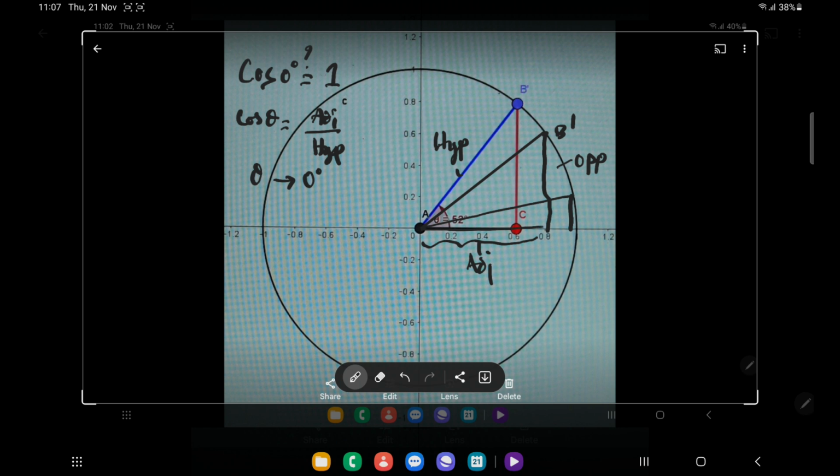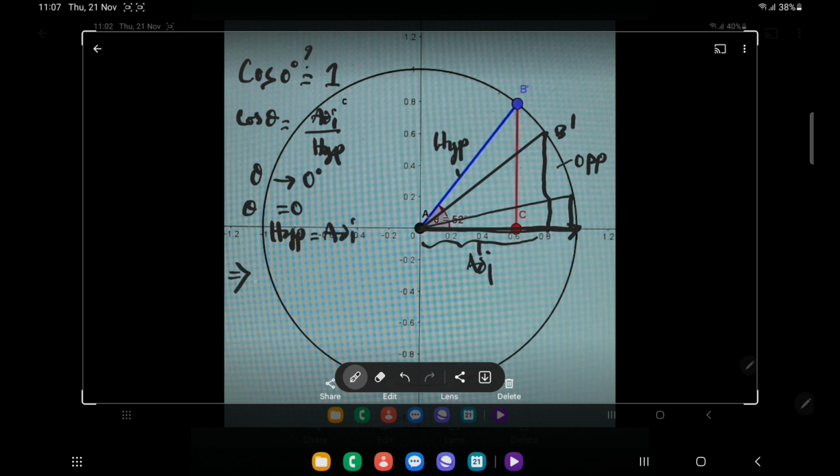On further making theta 0, you have hypotenuse equal to adjacent and the opposite side vanished. So when theta is equal to 0, hypotenuse would be equal to adjacent side.